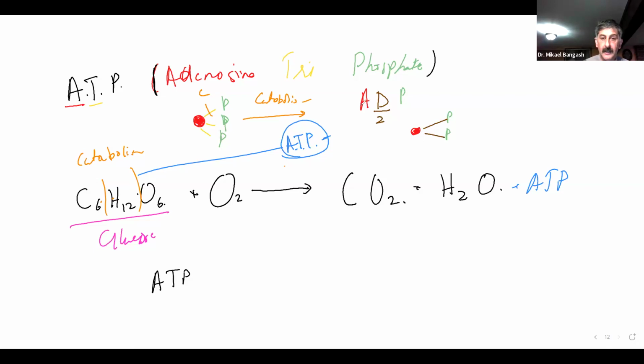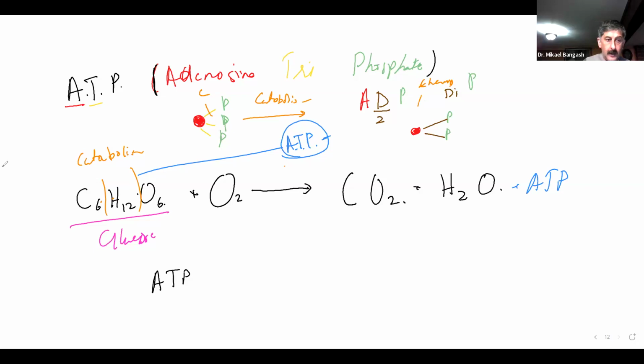So that's why that becomes adenosine diphosphate. By the catabolism of this bond, you will have one free phosphate, and the breakdown of this bond is going to release energy.